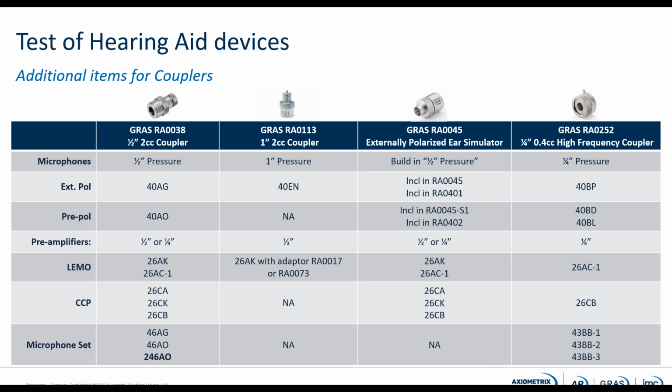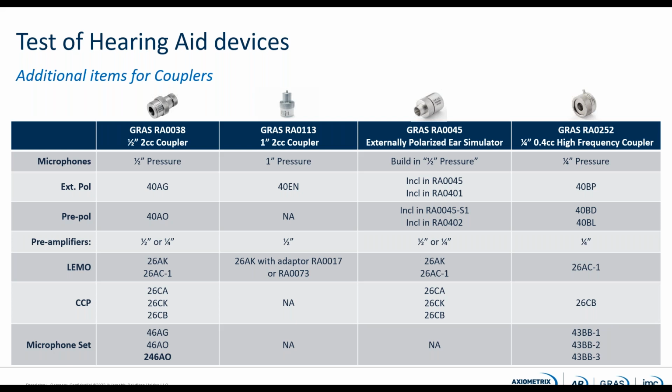You also need a preamplifier for the microphone, and it can either be a 1/2 inch preamplifier or a 1/4 inch preamplifier, of course a 1/4 inch preamplifier with an adapter. You can either use LEMO amplifiers for the externally polarized microphones or CCP amplifiers for the pre-polarized microphones.